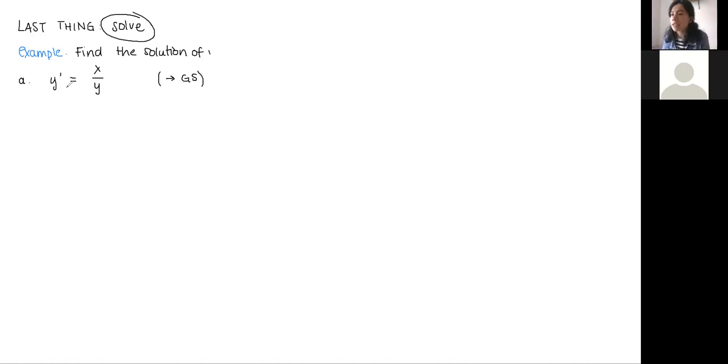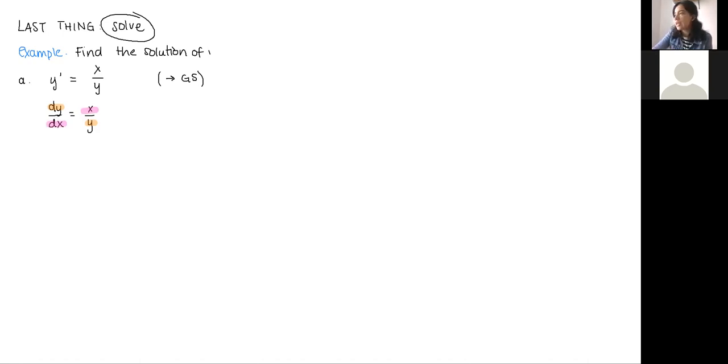So I have y prime over here is equal to x over y, which means that dy over dx is equal to x over y. And we said what we're trying to do is put everything in terms of y, so the dy and the y on the same side, and everything that's written in terms of x on the other side.